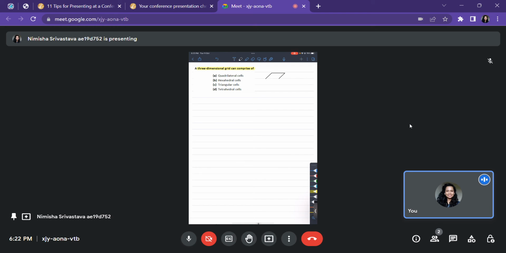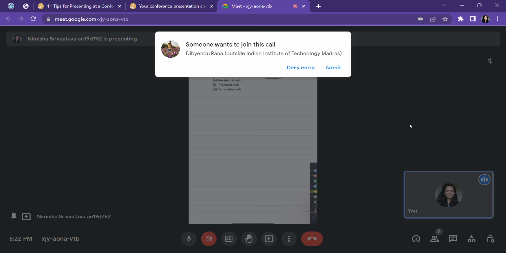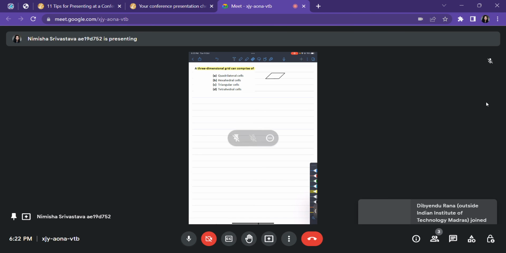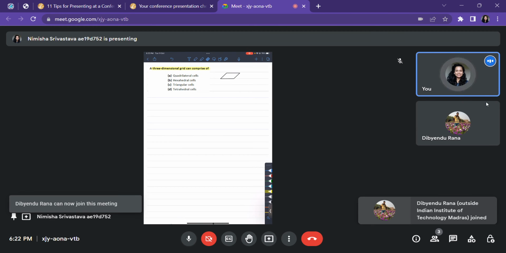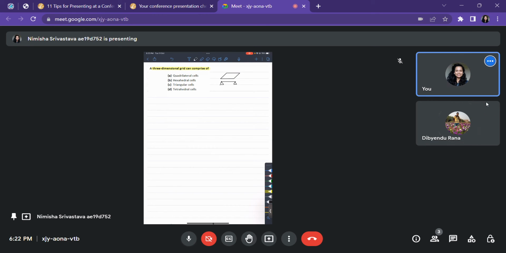So obviously that's not true. Hexahedral cells, yes, that is true because hexahedral cells look something like this. That is, they're prismatic in nature, so this is a type of 3D cell.